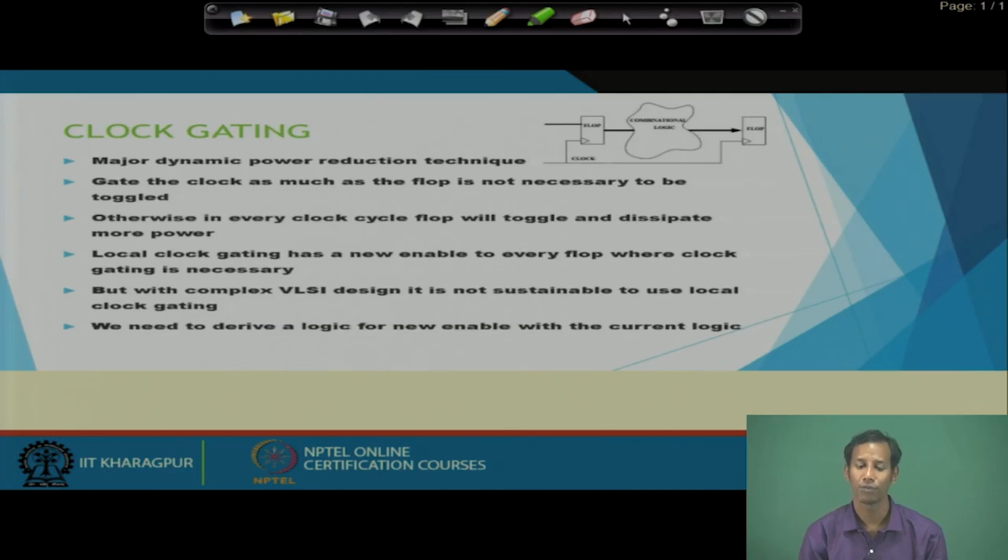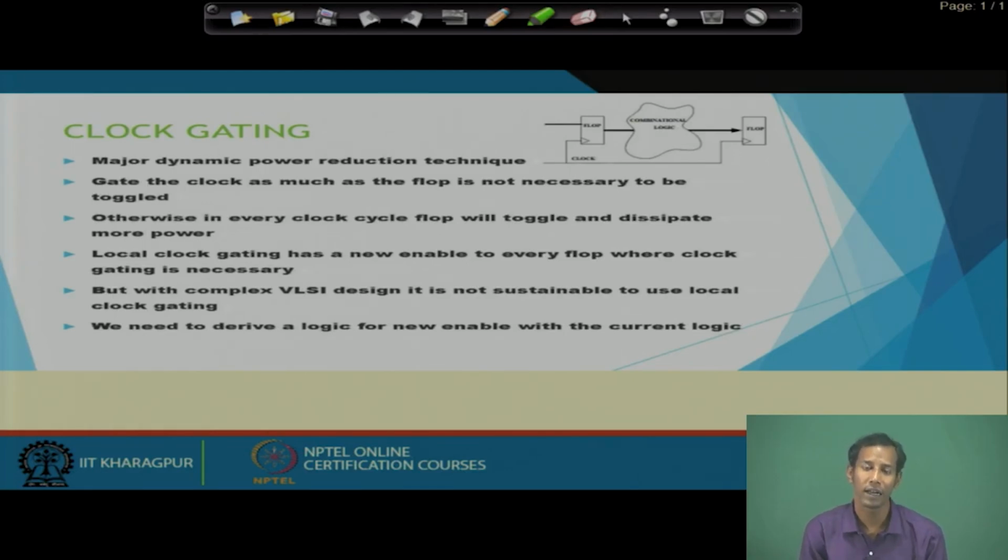To kill that, we use the circuit technique named clock gating. Whenever the device is in an idle state, the clock is also idle; when the device is in an active state, the clock is active. So the clock signals to the sequential elements are gated with an enable signal.